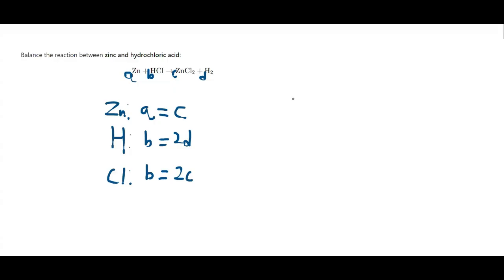And I'm going to go ahead and say that C is equal to 1. And we could imply that A is equal to 1 because A is equal to C, and I say C is equal to 1. We can go ahead and solve for B because B is just simply going to be 2 times C. So B is 2. And we can solve for D. So 2D is equal to 2.